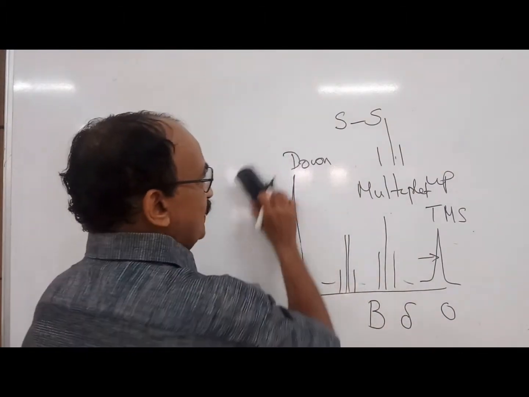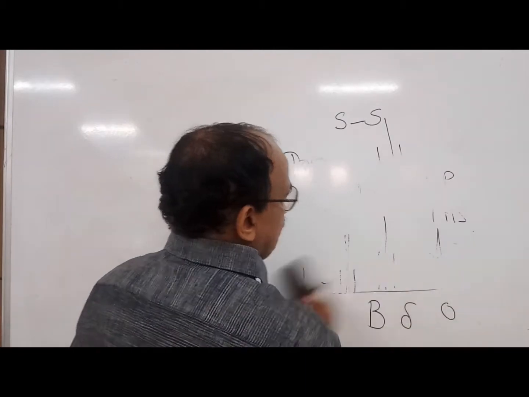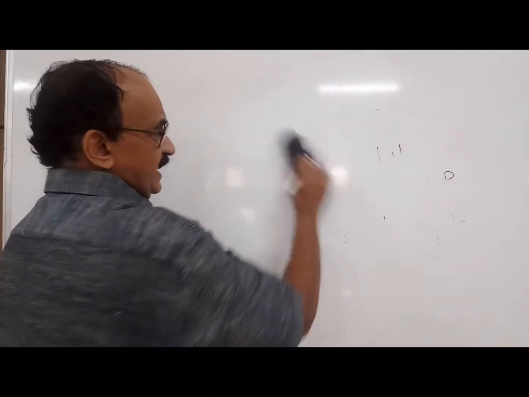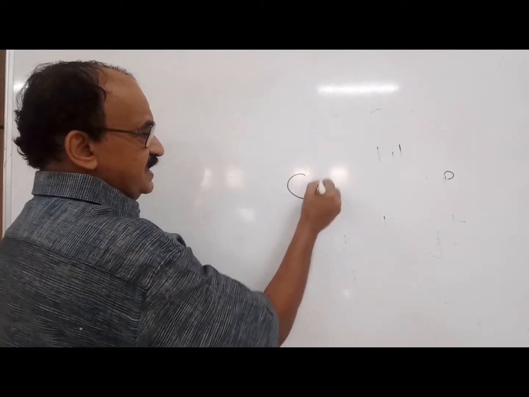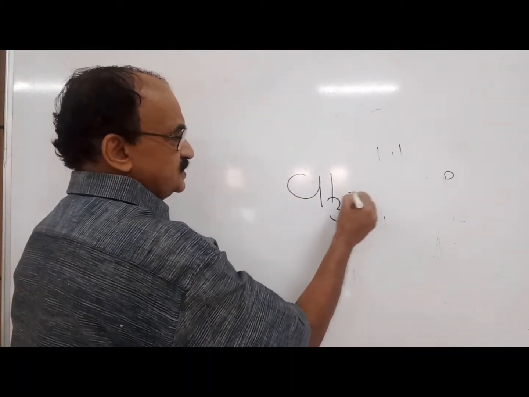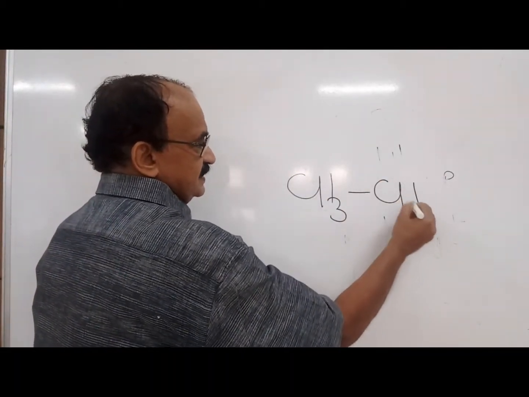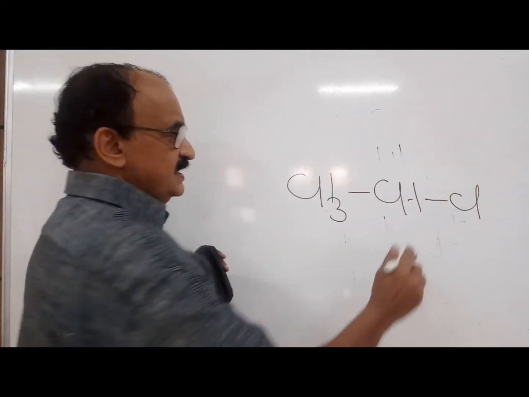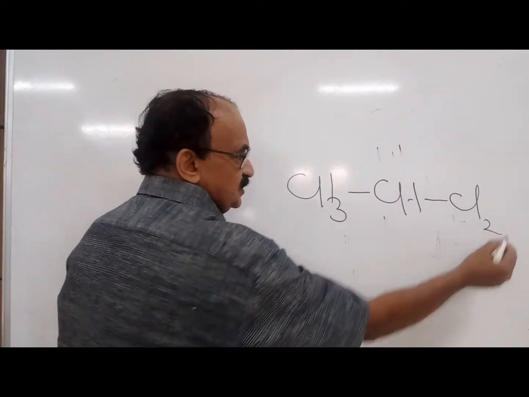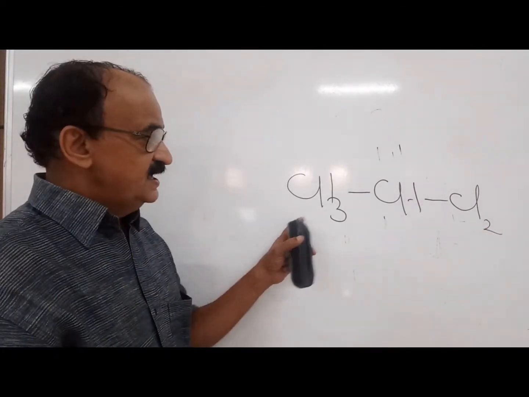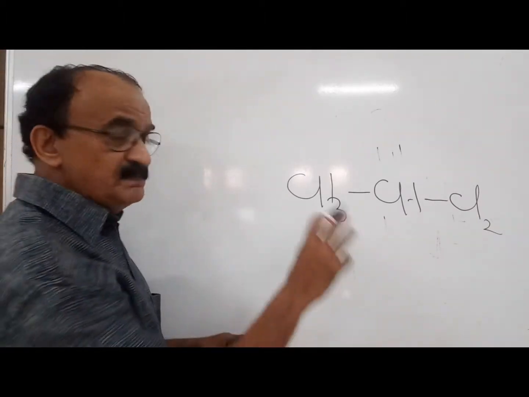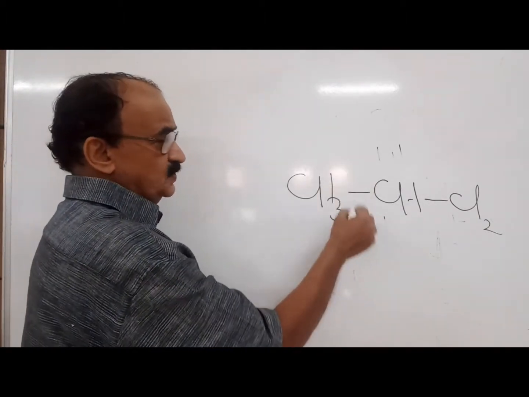And here, consider a compound like CH3-CH-Cl2, CH3CHCl2, where there are two types of protons.